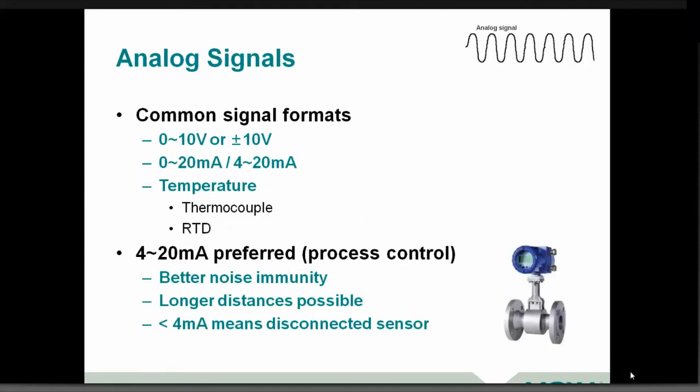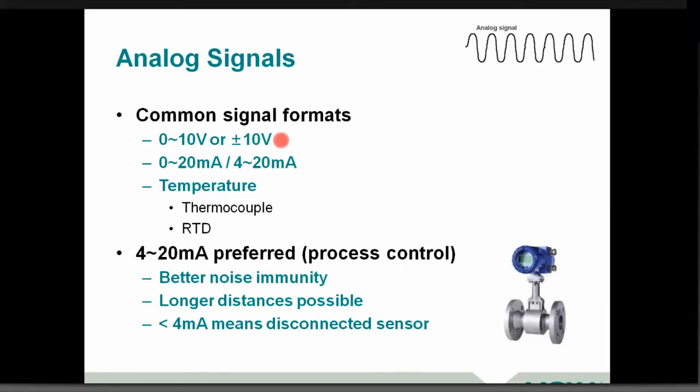Analog signals, okay, these are the time-varying signals, and fortunately these fall into a couple of buckets of common, industrially accepted ranges. So we're talking typically about different types of sensors that signal what's happening using common signals of 0 to 10 volts, or plus or minus 10 volts, right?